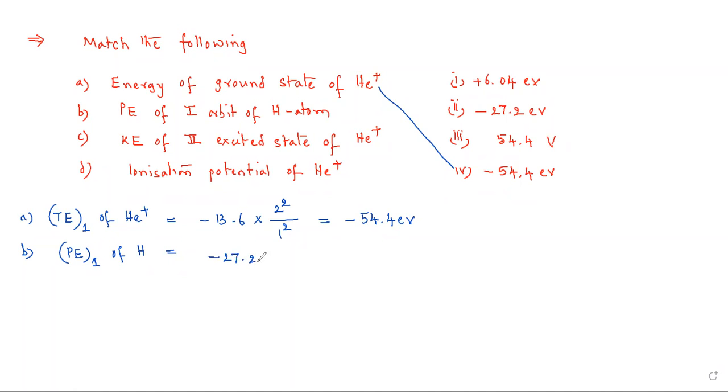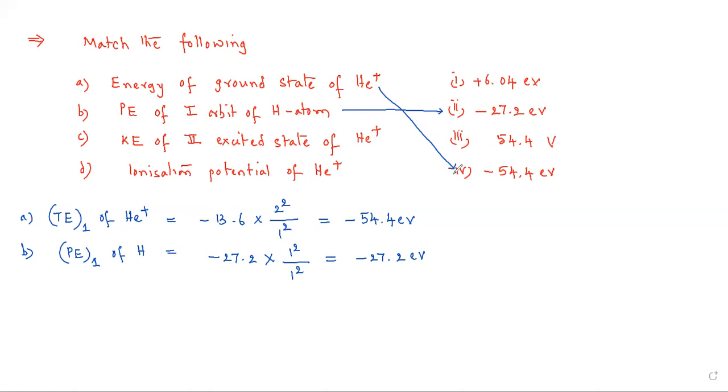So this can be written as minus 27.2 into z square by n square. So z here is 1 square, and n is also 1 square. So this is minus 27.2 electron volts. Of course, it is very clear.